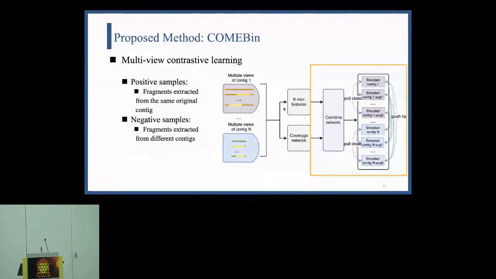By optimizing the contrastive loss, the representations of similar instances are pulled close, while those of dissimilar instances are pushed apart. In our task, fragments extracted from the same original contigs in the data augmentation step are pulled closer. In each training batch, the sequence fragments generated from different contigs are pushed apart.